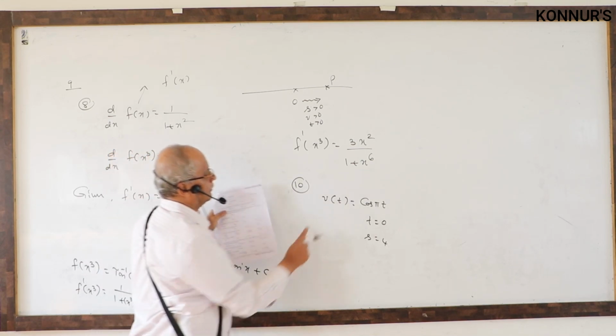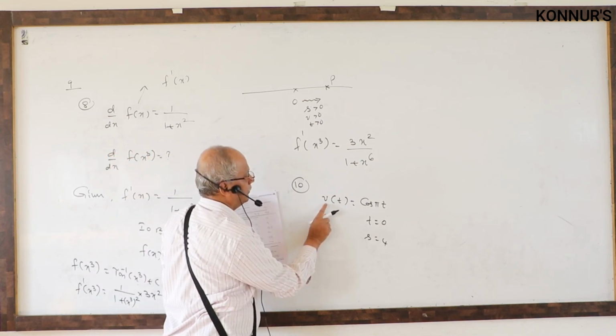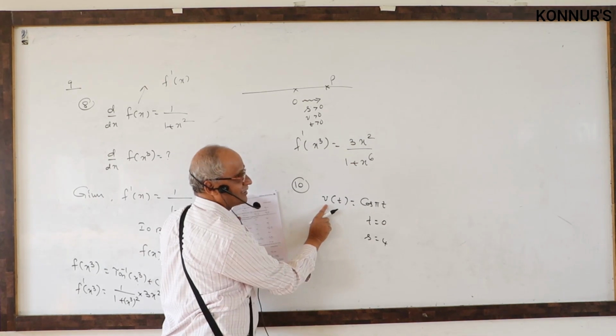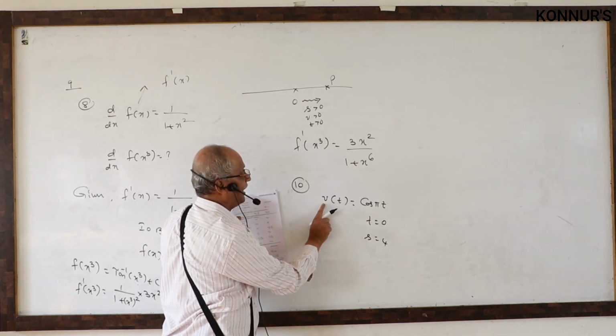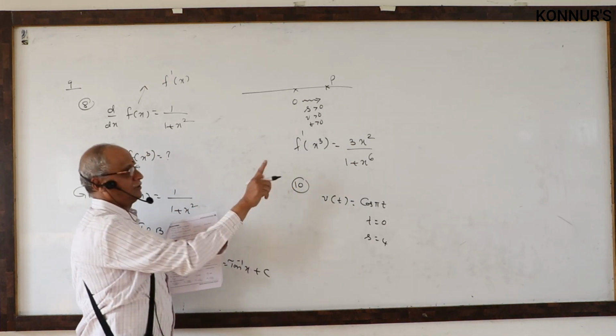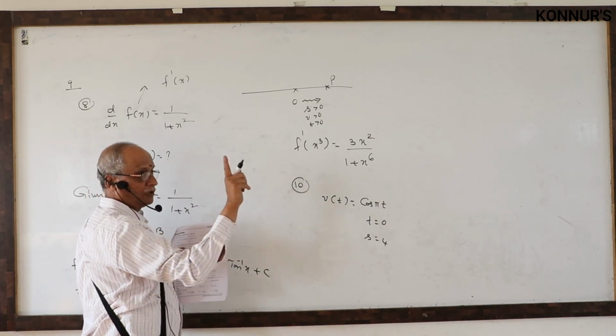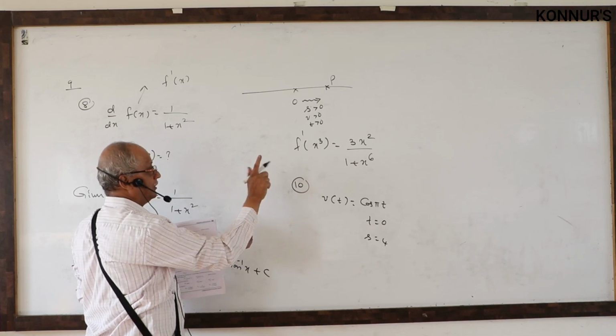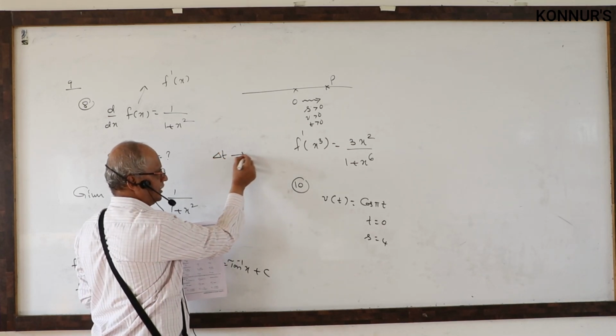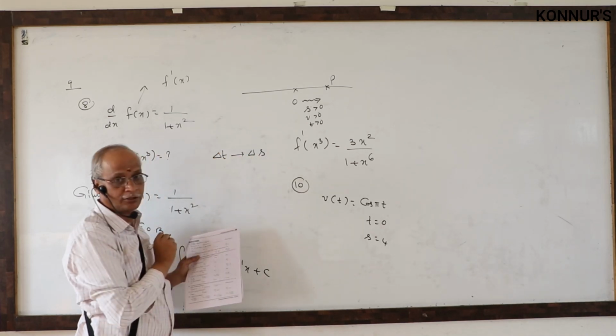Now, as we know very well, because we are very strong in physics concepts, basics only, velocity is nothing but the rate of change of displacement. Rate means per 1 unit. In delta t seconds, there is a change in the distance, delta s.